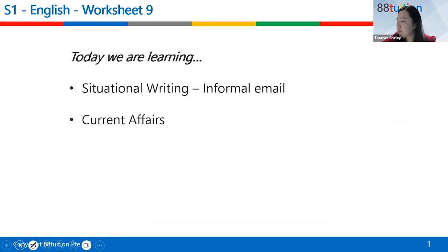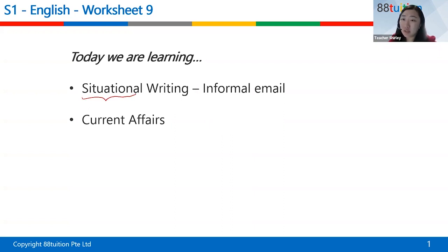Okay, so for today, let's not talk about current affairs first. Situational writing is in your Paper 1, and there are different genres. You might have learned it in school, or you might not have started on situational writing. But basically, as the name suggests, you are given a situation.